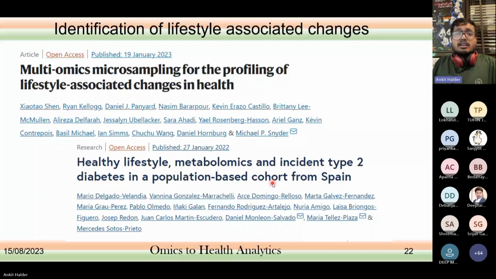This is another thing, metabolites or metabolomics or the phenotypes or phenomics, which helps you identify lifestyle-associated changes. Not only the genomic or proteomic factors lead to the consequence of whether a drug acts or not, but lifestyle-associated changes also play a hugely important role.